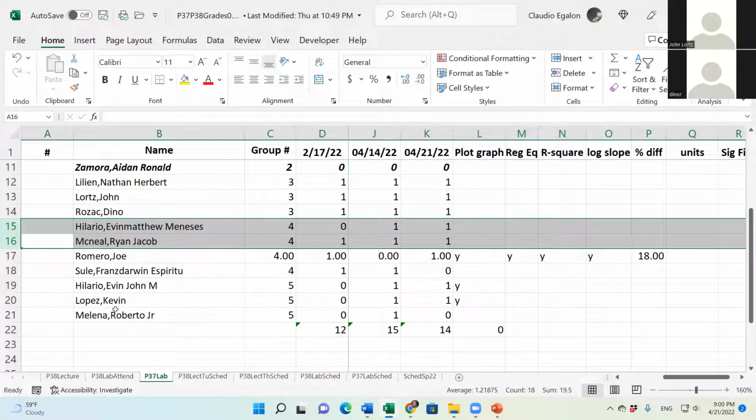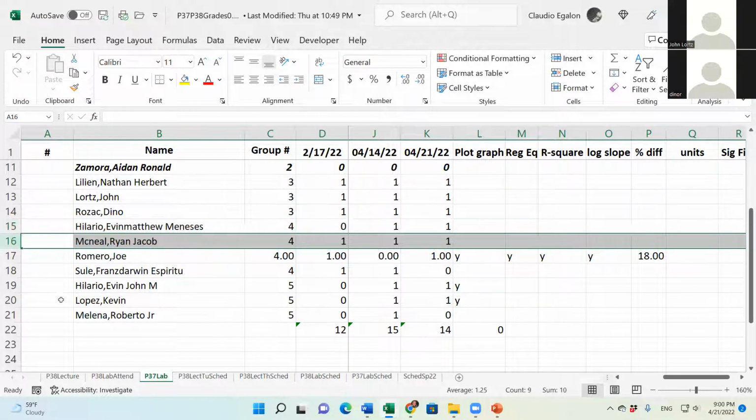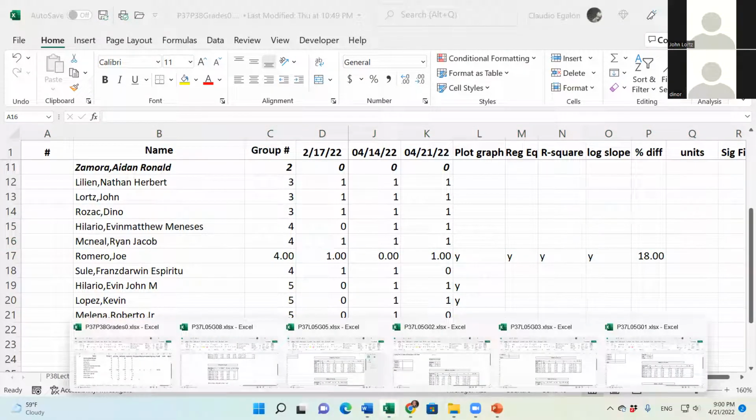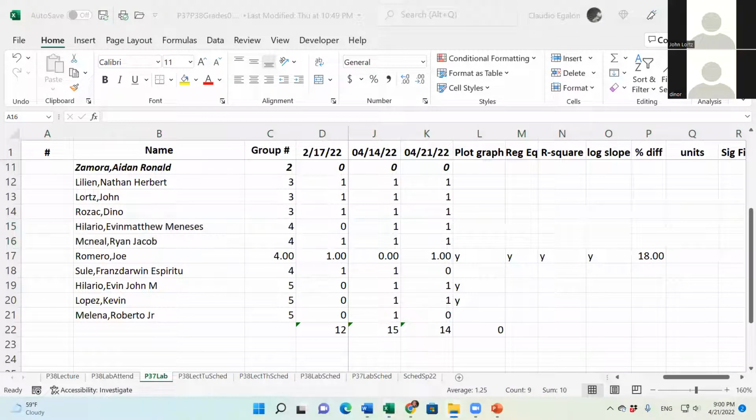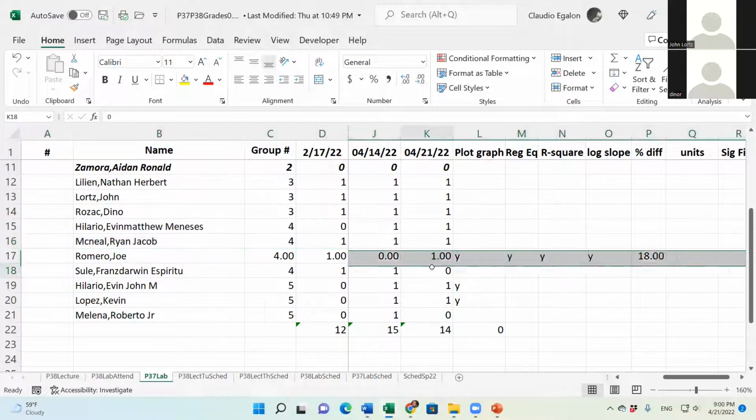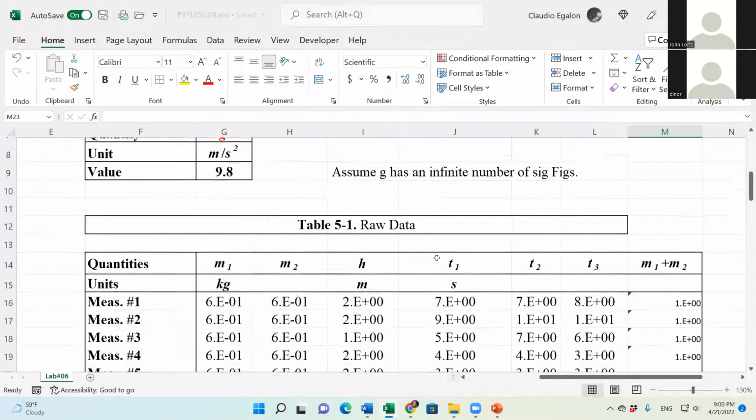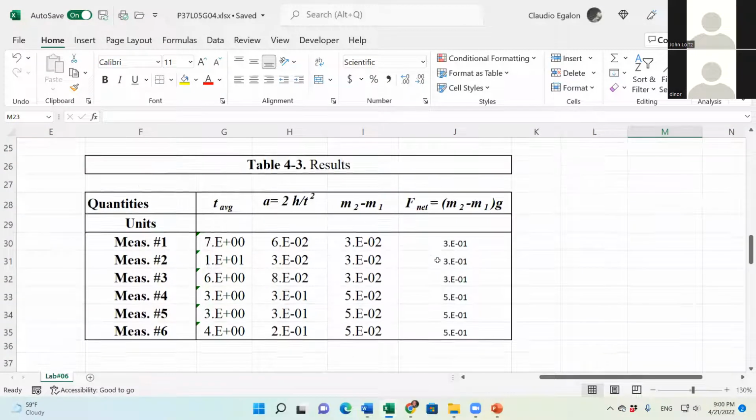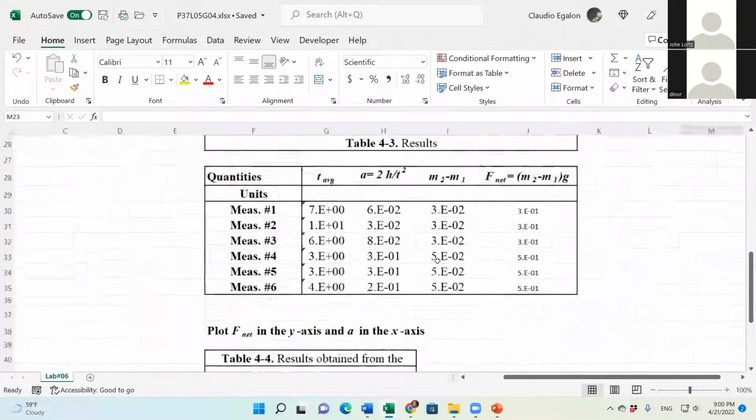It's not Robert, it's Ryan. Okay, your group number 4. Okay, let me get your number 4 here. Where is number 4? I'll help you out here. Okay, here you go.